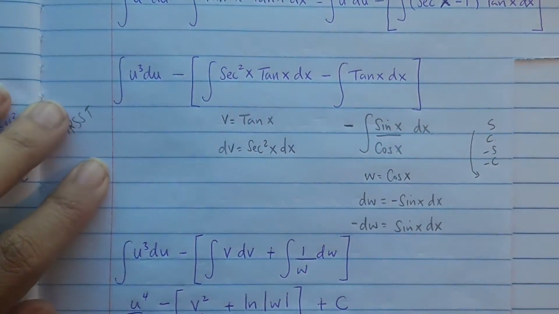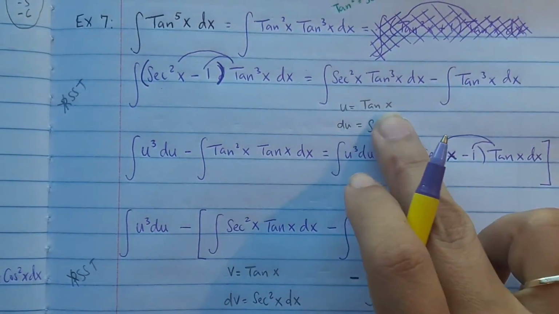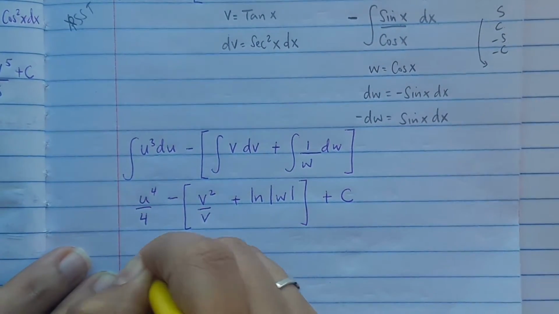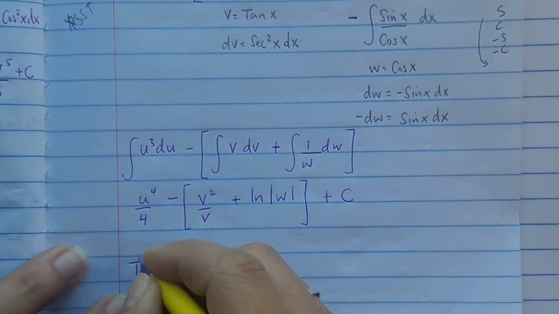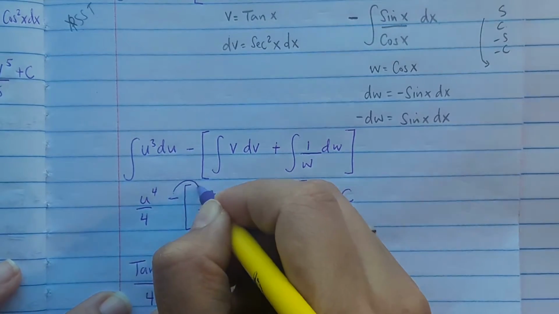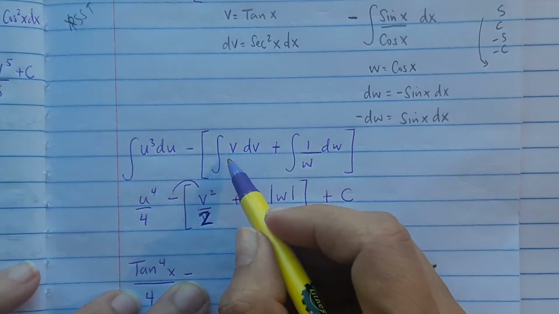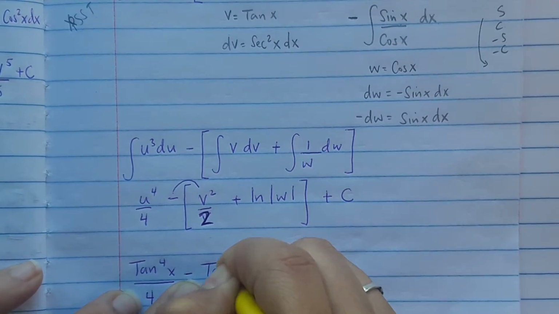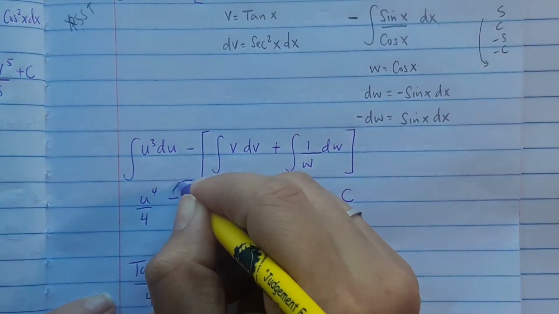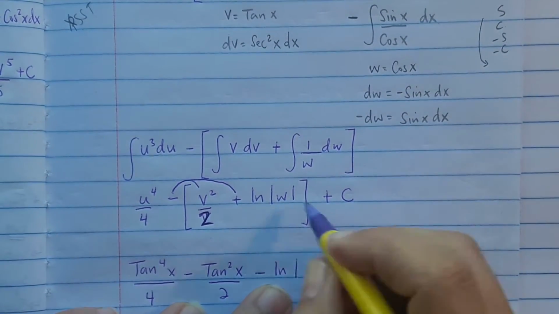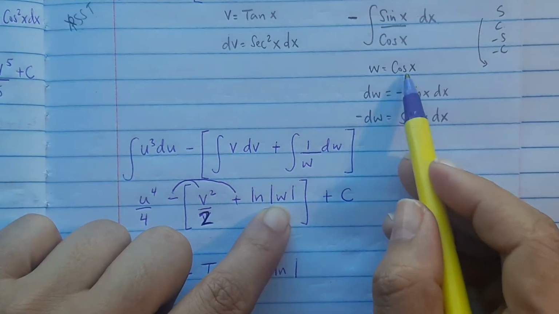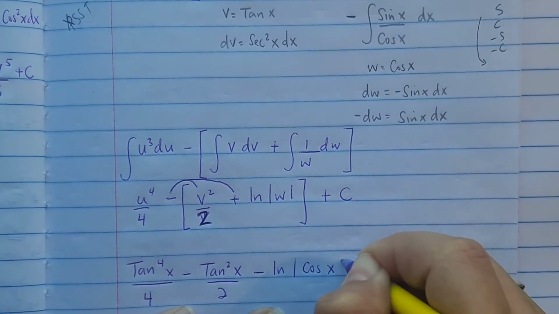Alright, let's plug everything back in. So remember, u was tan x, so that's going to be tan to the 4th power x over 4 minus, v was tan x, so that's going to be tan squared x over 2, and then negative and a positive is negative, so minus log of w, which is cosine x, plus c.